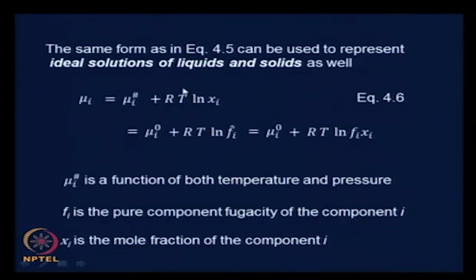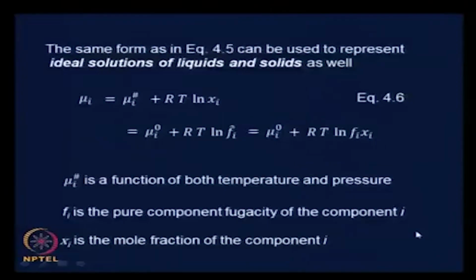Earlier we had mu I equals mu I hash plus RT ln yi, and here we have mu I equals mu I hash plus RT ln xi, and therefore we have essentially covered gases, liquids and solids. So pretty much we have a comprehensive way of representing things for all the systems that we would be interested in.